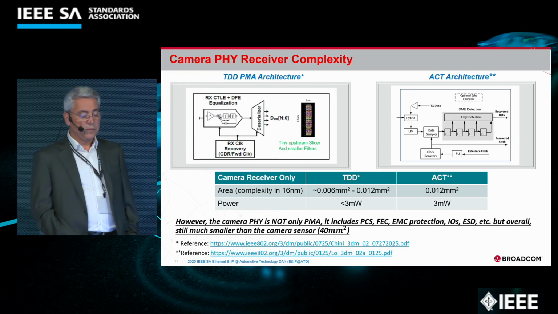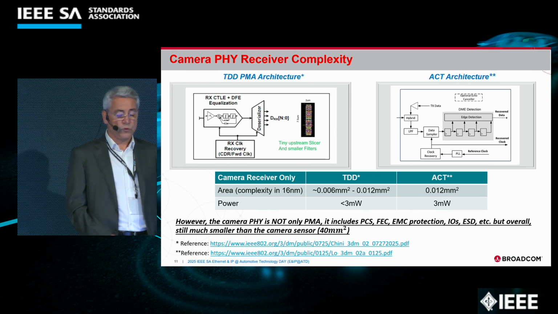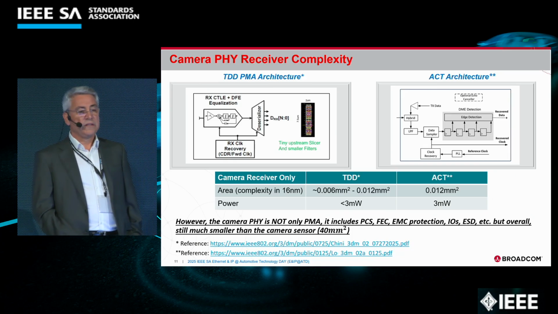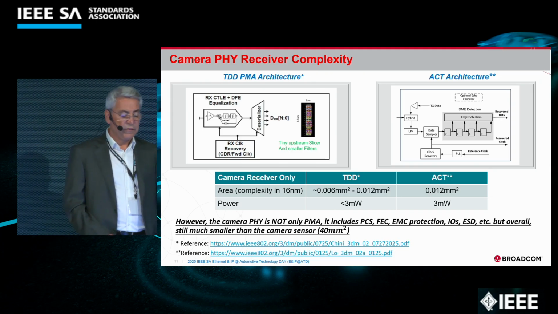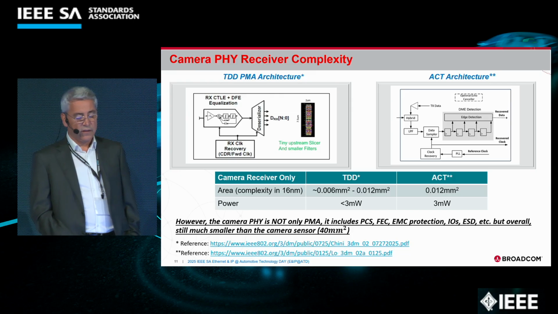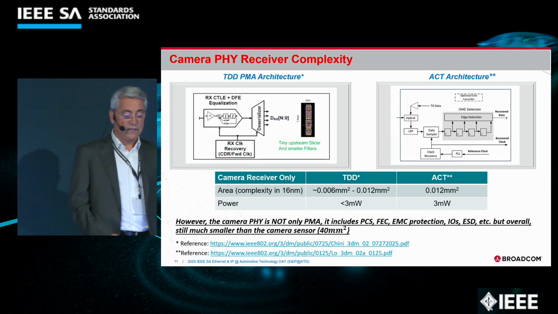The area for the camera receiver is pretty much similar between TDD and ACT, which is about 0.012 millimeters square for both of them, and the power number is about 3 milliwatts. So in other words, the PHY receiver implementation for the camera can be feasible and also cost-effective for both TDD and ACT. However, the camera PHY is not only PMA. There are other digital blocks such as FEC, PCS, and also there is EMC protection in some of the cases.